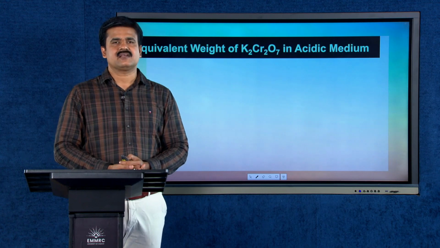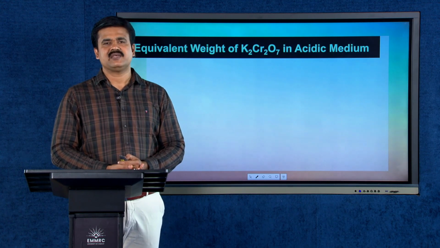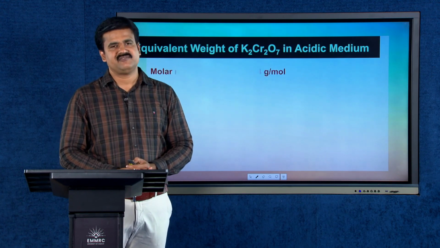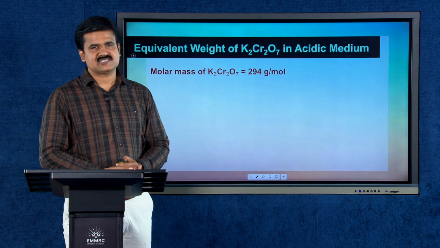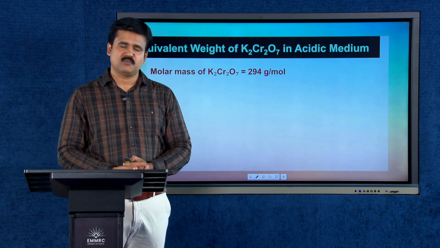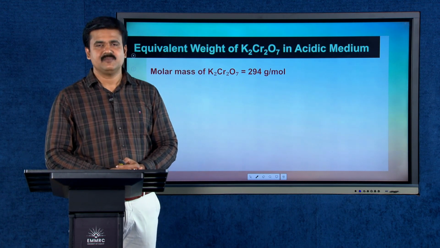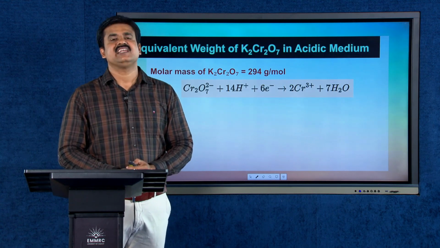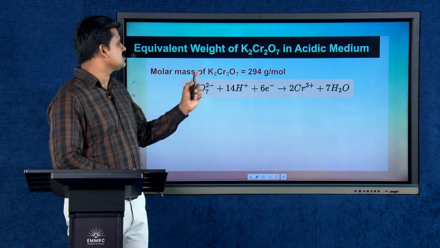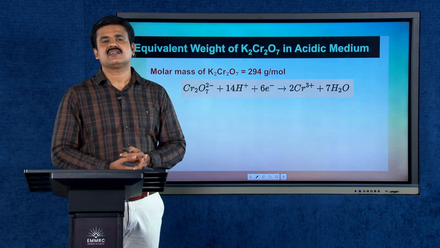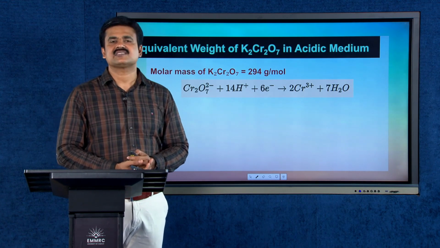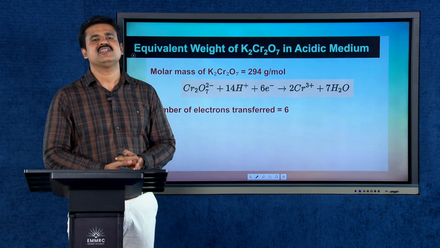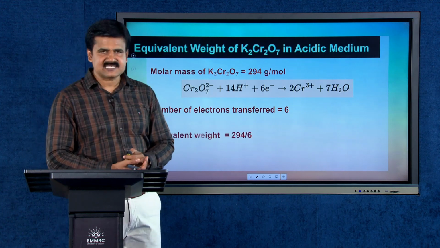Now, we are taking acidified potassium dichromate to calculate its equivalent weight. Molar mass of potassium dichromate will be equal to 294 gram per mole. In acidic medium, Cr2O7 2- is reduced to Cr3+. So, 6 electrons are transferred during the process. So, number of electrons transferred will be equal to 6.